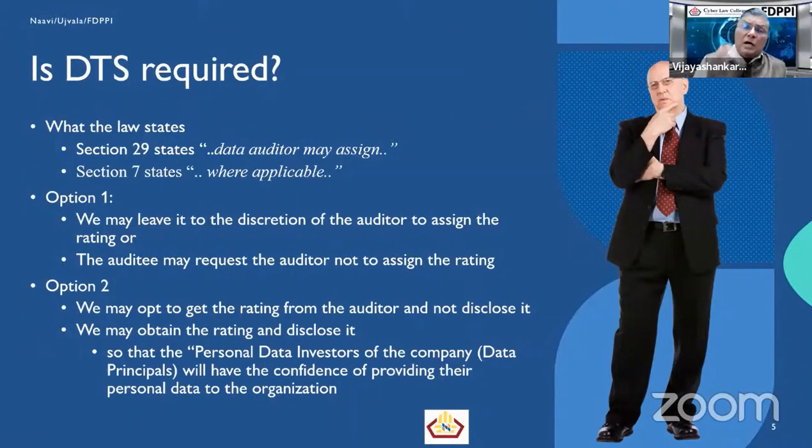But most forward-looking organizations who are privacy champions and who want to be leaders in their service domain would like to obtain the rating and even disclose it. What is going to happen if the DTS is good? Obviously, it is a proud moment for them. If the DTS is less than desirable, then it is an indication of where they have to improve.